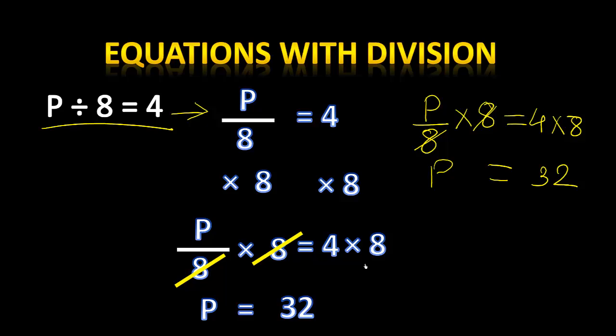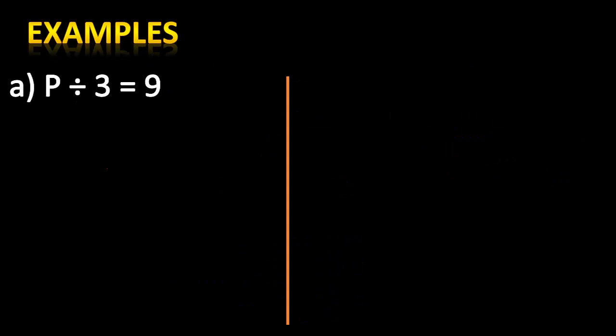Now let's do a few examples. Our first example is p divided by 3 is equal to 9. So let's write it once more: p by 3 is equal to 9.